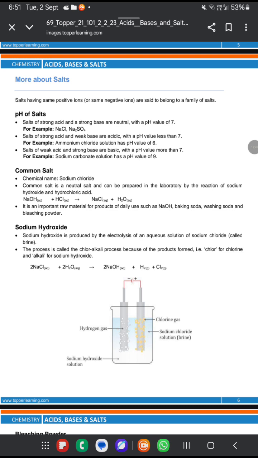Sodium hydroxide. Sodium hydroxide is produced by the electrolysis of an aqueous solution of sodium chloride called brine.